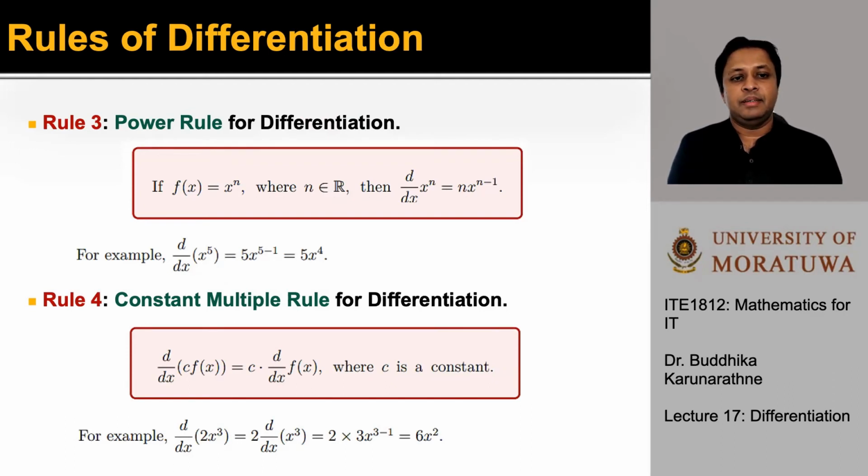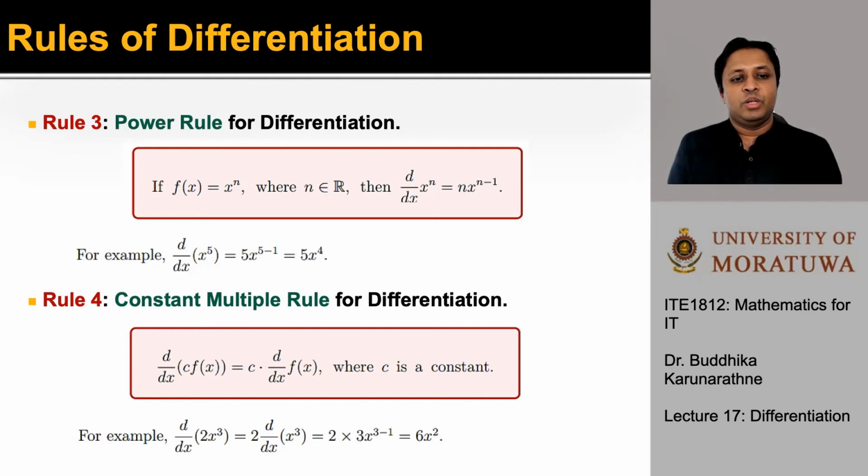We immediately look at an example. d over dx of x to the power 5 will be 5 times x to the power 5 minus 1, which is 5 times x to the power 4. That's how you understand and apply the power rule of differentiation.